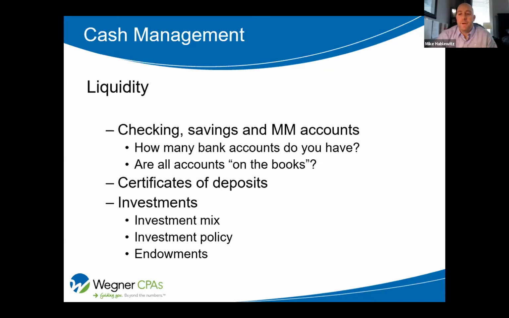I think a lot of times there's various bank accounts that are on hand that are to track certain pots of money that are restricted for different purposes. And there's different ways that you can track that, which might make it a lot easier for your cash management and just frankly for keeping the books and reconciling the books if you have fewer cash accounts.